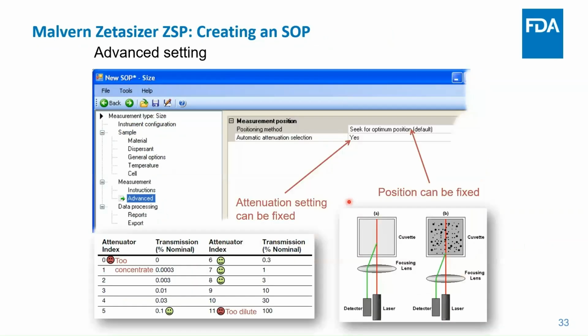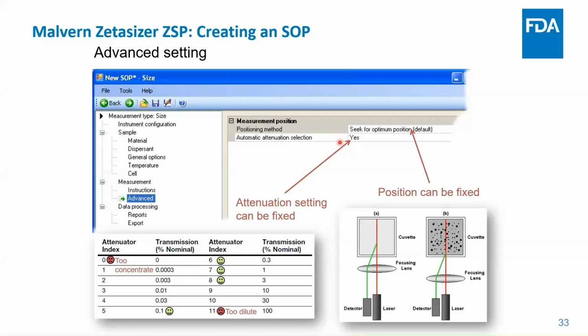Now this gets to the part where I think most of the information when you troubleshoot can be found in one of the reports. So if you're having problems with concentration or intensity, or your correlogram or your distribution is looking funky, a lot of times it comes from whether or not you're fixing the measurement position and fixing the attenuation.